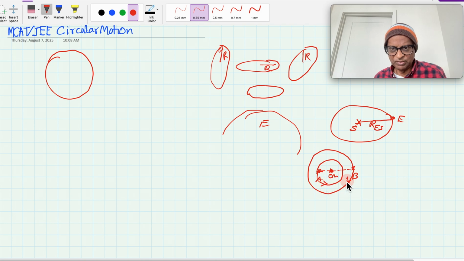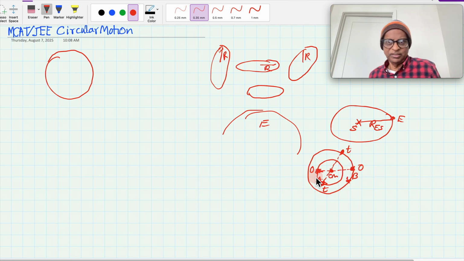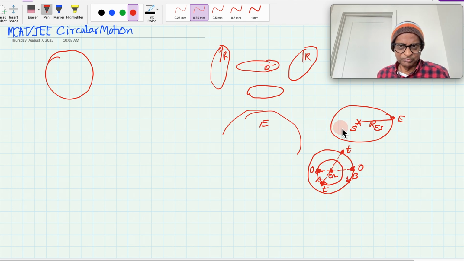At t equals 0 it is here, and at t equals t it's over there, exactly opposite. So they're rotating opposite to each other, but they're going in circles. So many examples of circles.